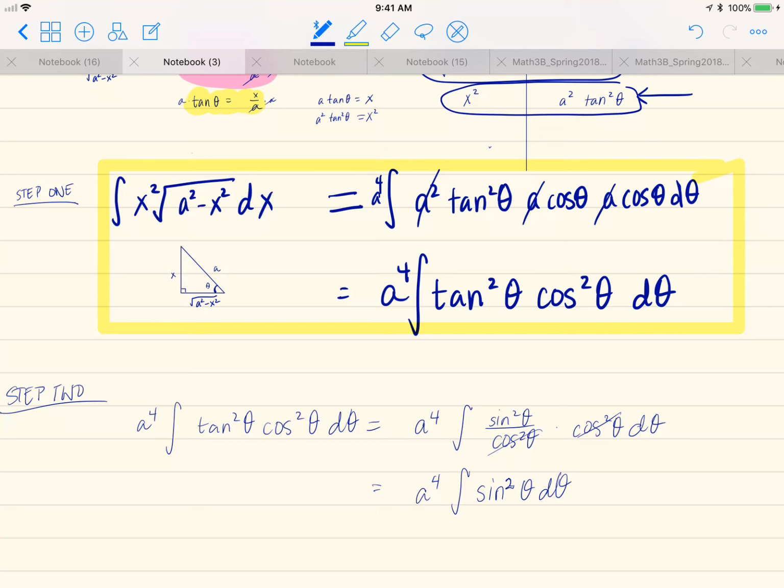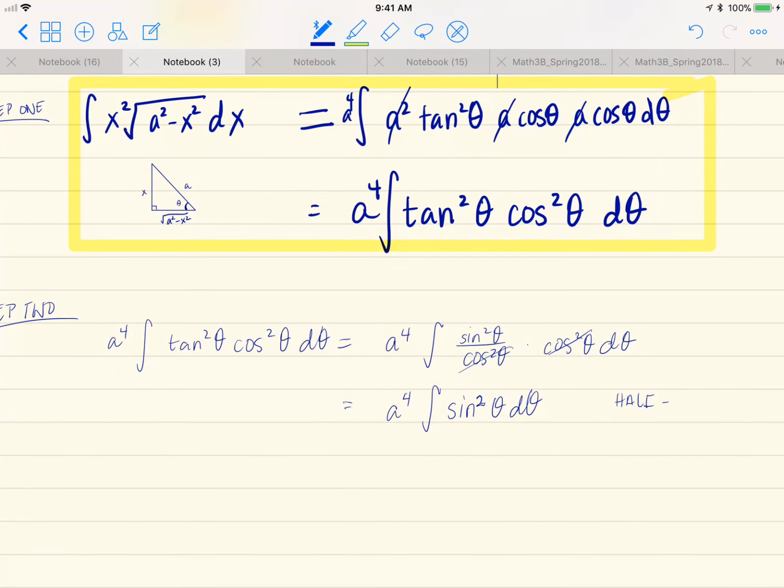Sine squared of theta is equal to, so this is your half angle formula, 1 minus cosine 2 theta over 2.